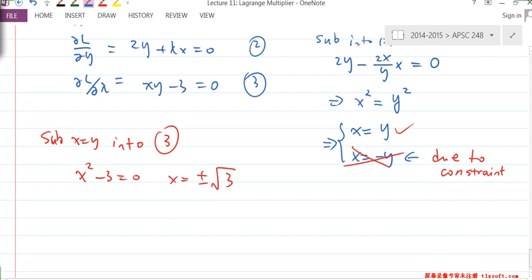Okay, so again, here's a tricky number. So then which means what? For x equal to positive root 3, what is the y value? Y is positive. For x equal to negative root 3, y is negative.